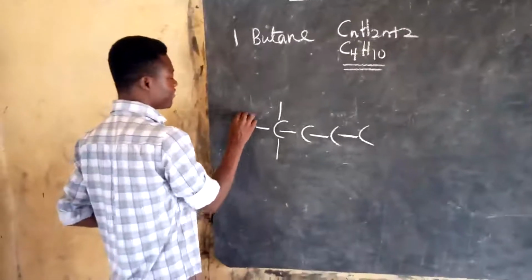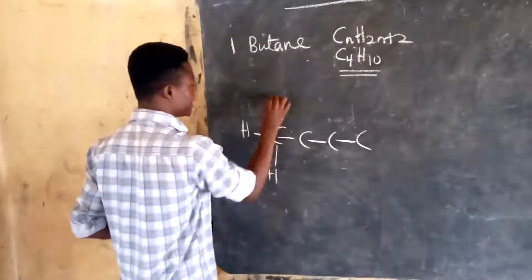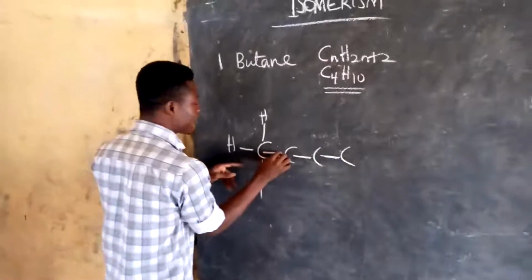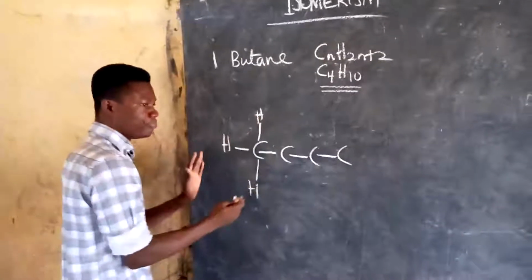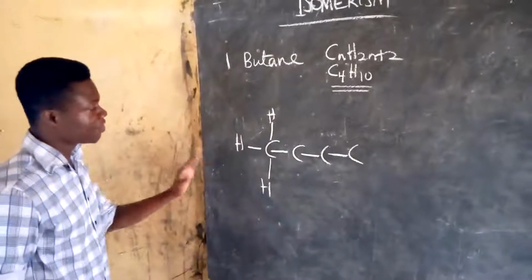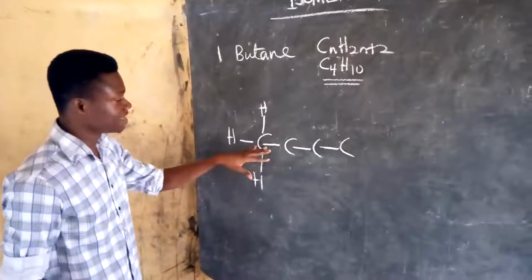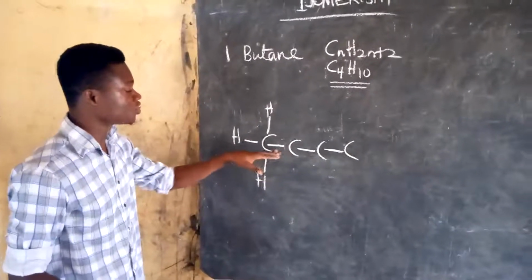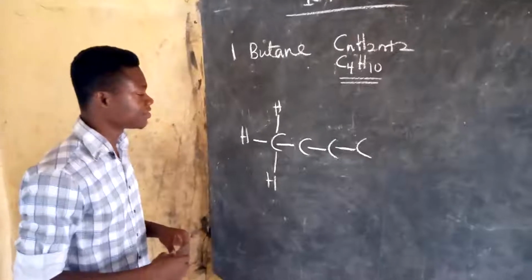So here you have hydrogen here, hydrogen here, hydrogen here, and there's a carbon-carbon single bond here, because the carbon is saturated, to use all its outermost electrons in bonding.